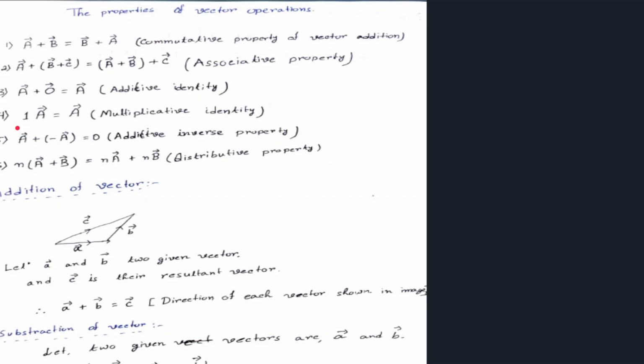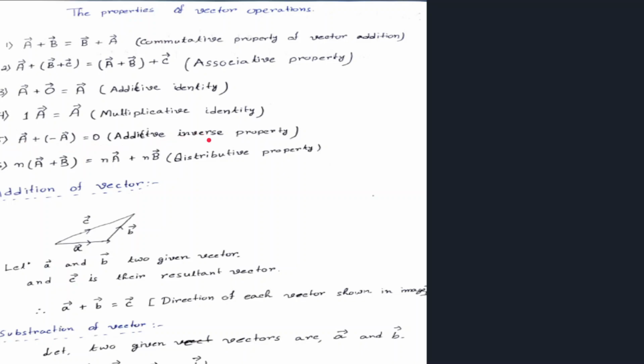Next, we will learn about the multiplicative identity. 1 into a vector is equal to a. If it is not 1 but another number like 6, 7, 8 or k, then we get that number times a. This is the scalar multiplication of a vector. Then a plus minus a is equal to 0.